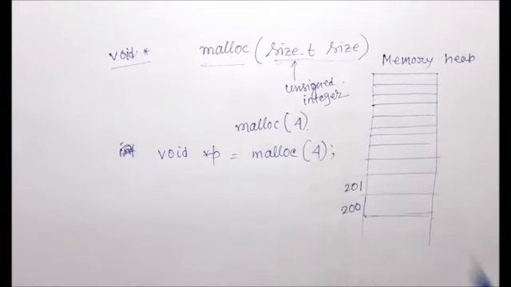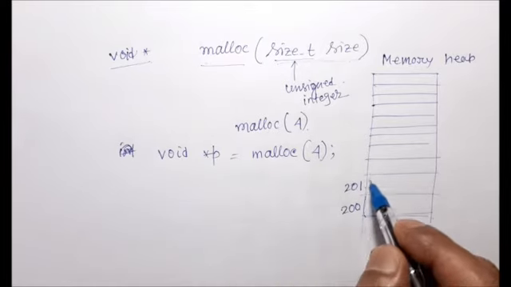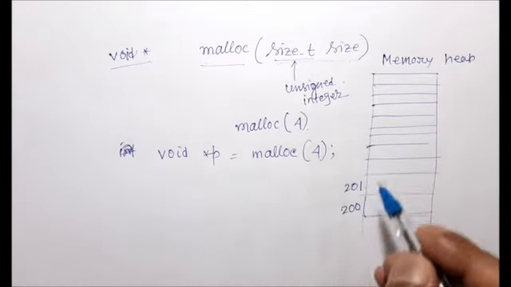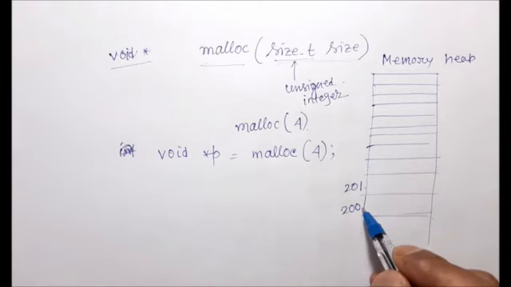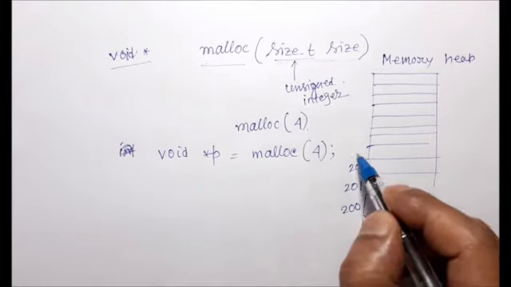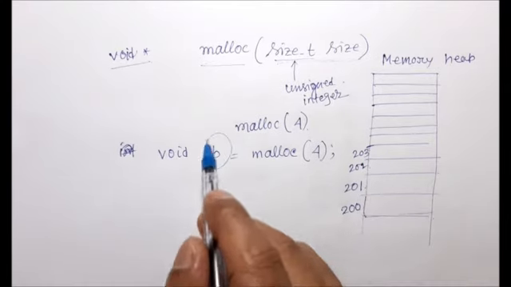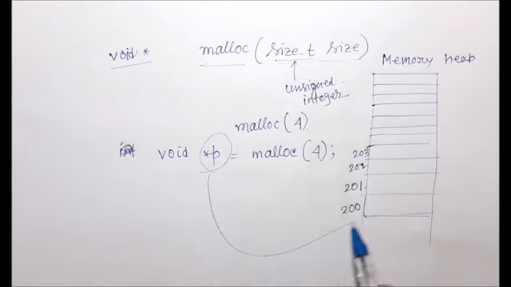So if I write malloc(4), that means 4 blocks of consecutive memory will be allocated, 200, 201, 202 and 203, and this pointer will point to the first block of memory address, right.